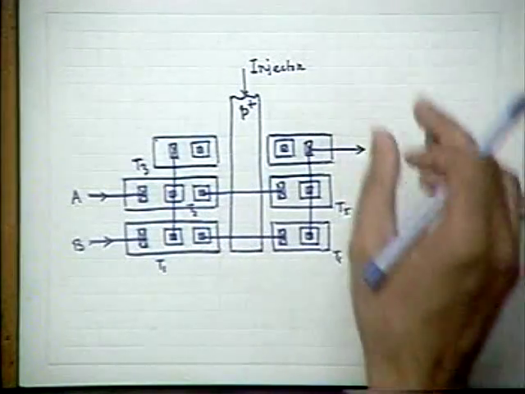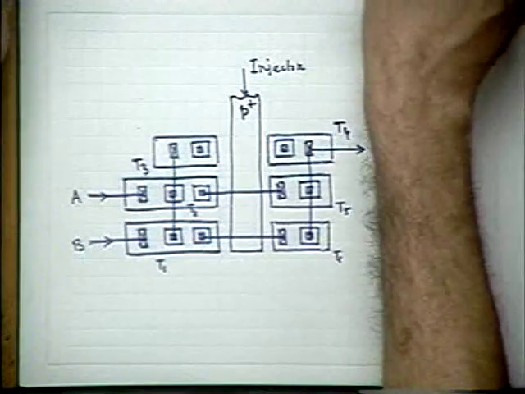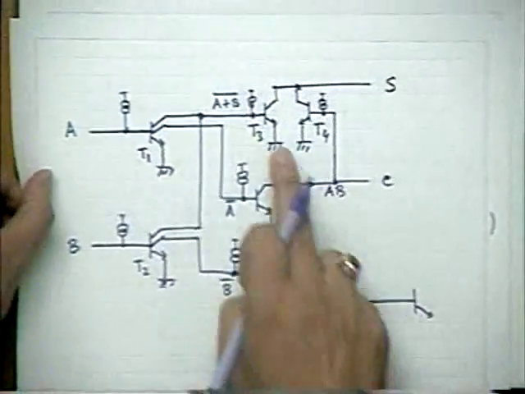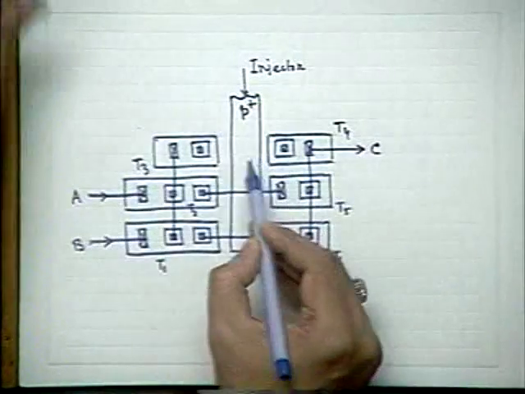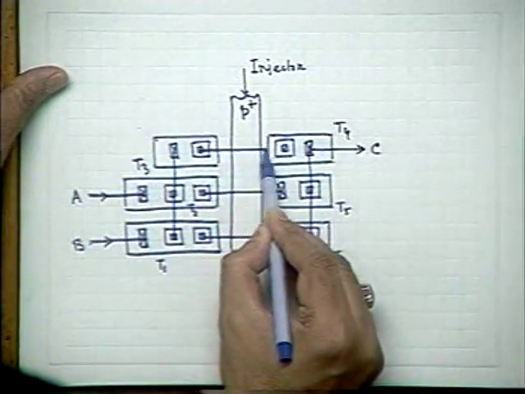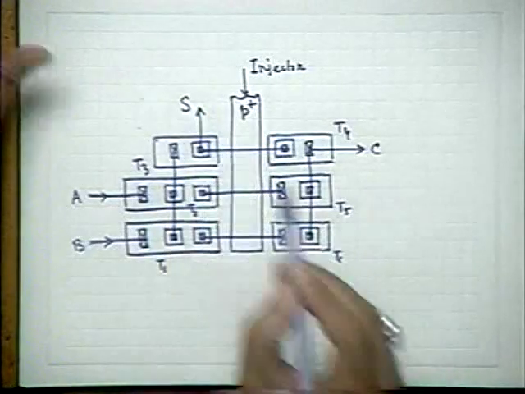And this is called T4. You just see that the T4 and T3 outputs are wired. So these two outputs are wired.